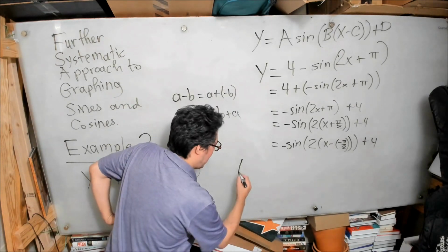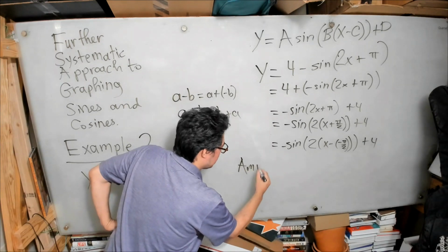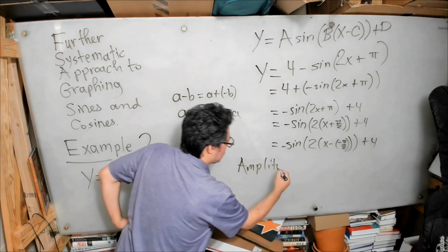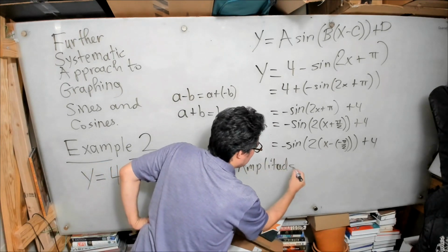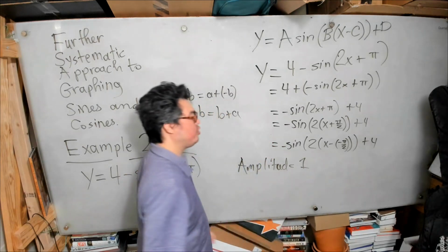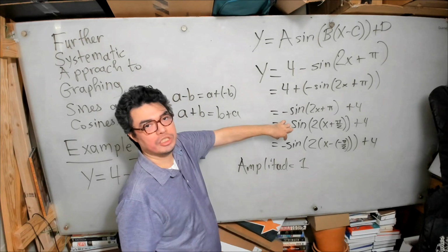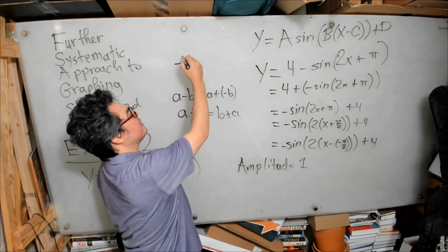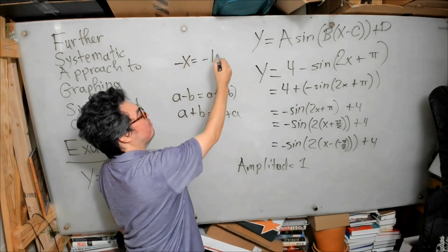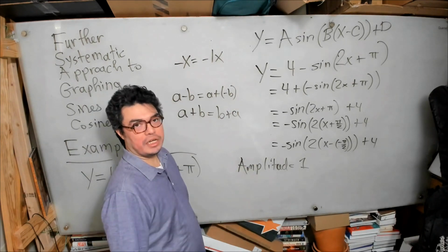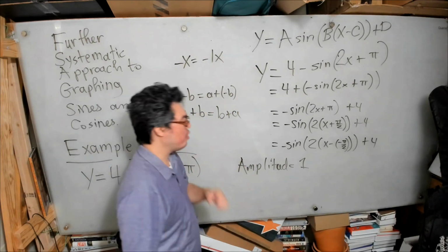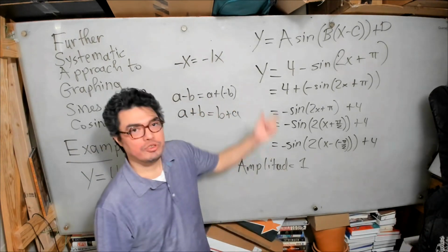But so now let's talk about it. So this has amplitude 1, because if we have a negative in front of the sine, we know, just like in algebra, whenever we have negative x, that's the same thing as negative 1x. We just typically don't write the 1 there, but we know that that's what it means. So what's the absolute value of that a?